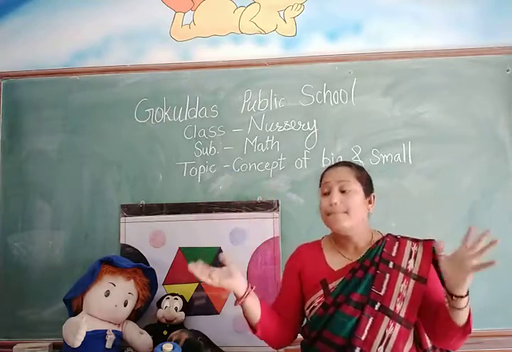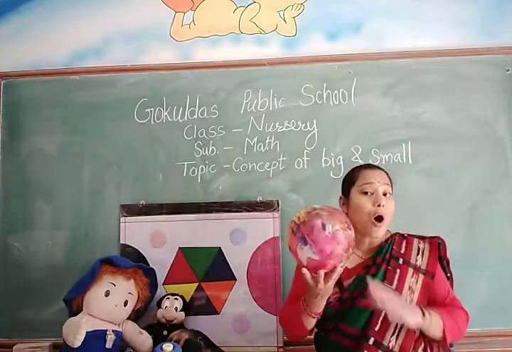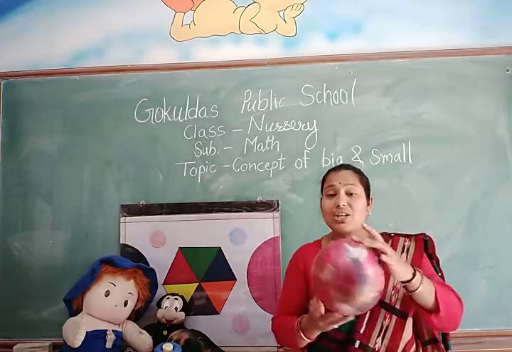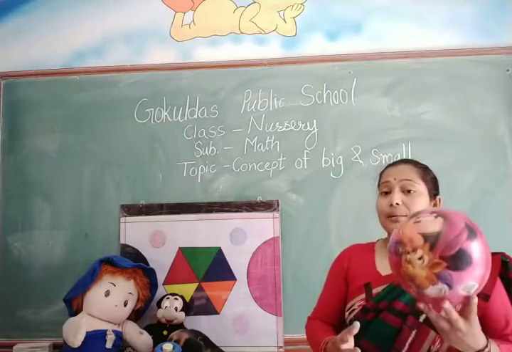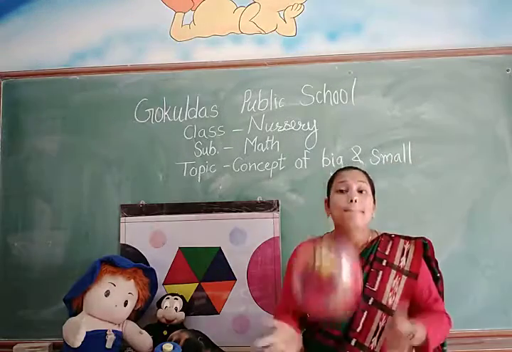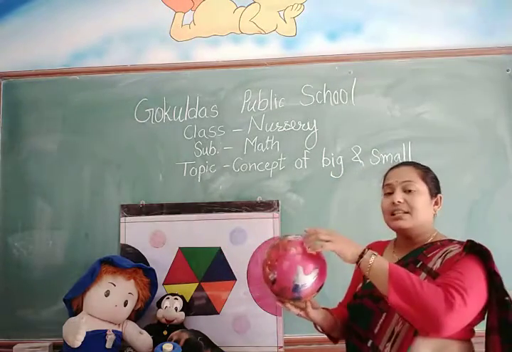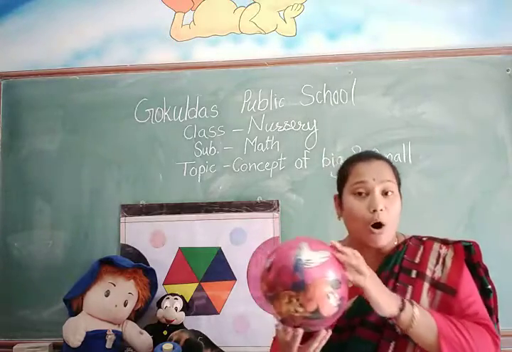Now you see here, this is a ball. What is the shape of the ball? Circle. Very good. And this ball is a big ball. See here, this ball is big ball.